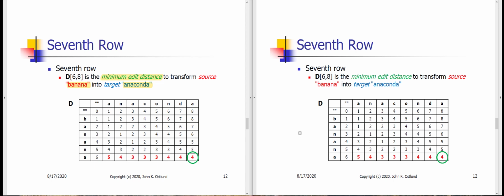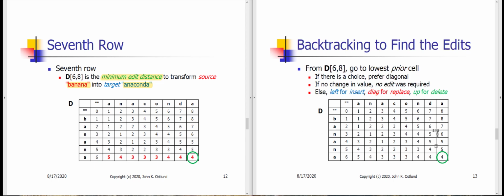So let me come up here to slide 13. All right. So this 4, as I said, that's the minimum number of edits we need to do, supposedly, to convert the source banana into the target anaconda.